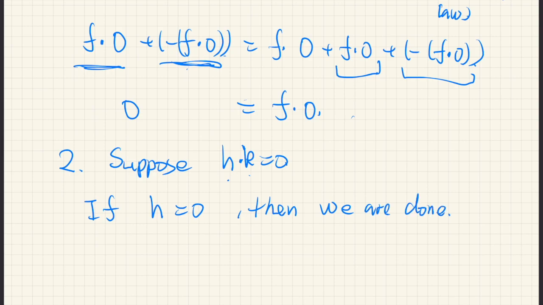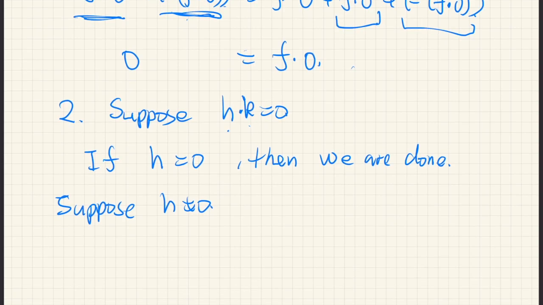Now, suppose h is non-zero, because the case where h is 0 is already handled. Then its multiplicative inverse exists because it's non-zero.